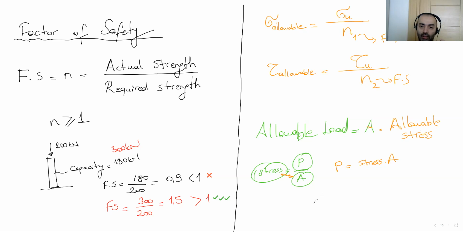Sigma allowable, eksenel emniyet gerilmesi. Tau allowable, kayma emniyet gerilmesi. If you take a look at Turkish books, you're going to see these wordings. So allowable load is area times allowable stress.